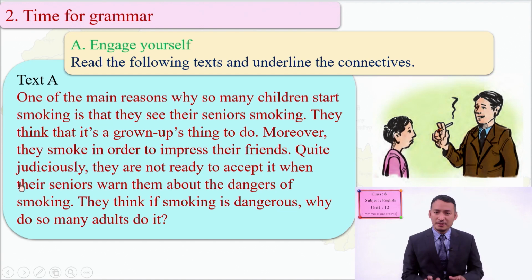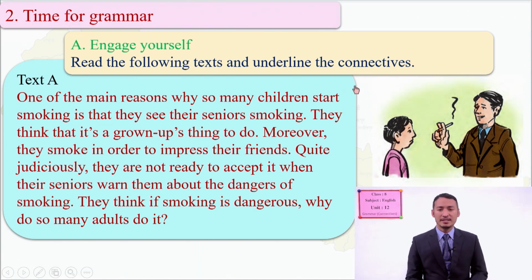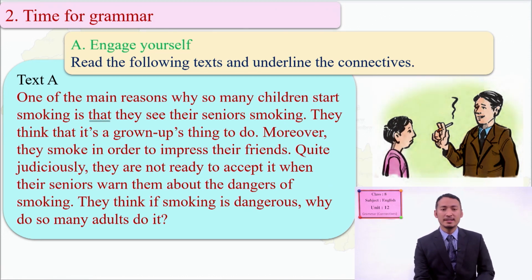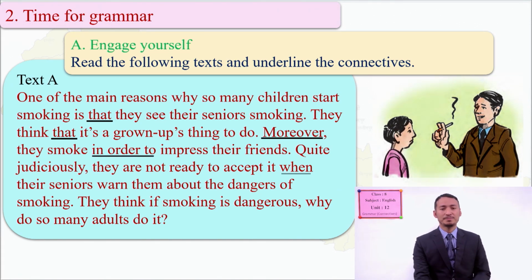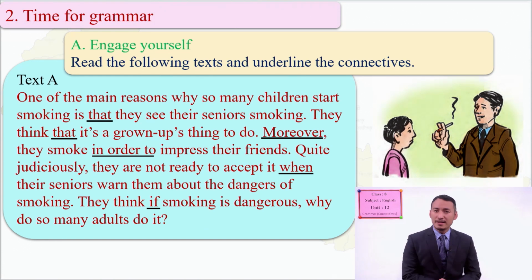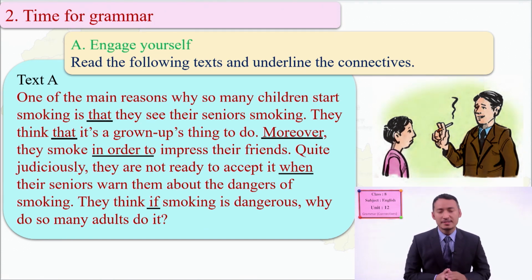Okay students, now your job is to underline the connectives. Did you find them? Okay, let me show you then. Yes, one is that, another that is here, moreover, in order to, when, if. Okay students, these are some of the connectives in this text.